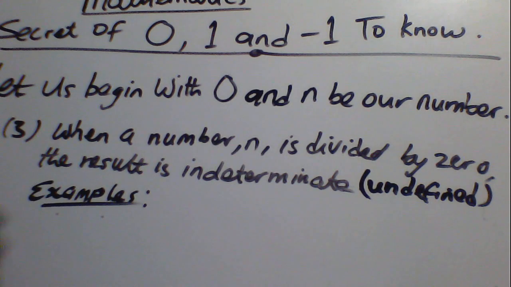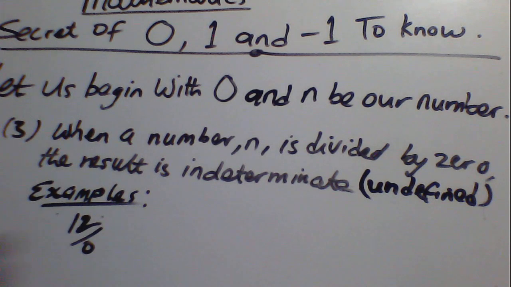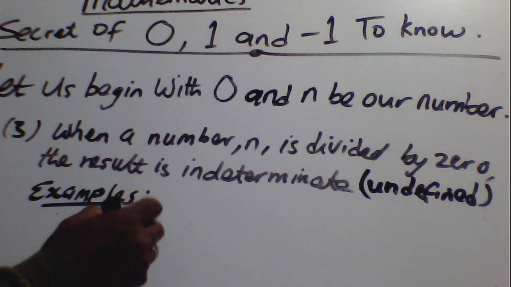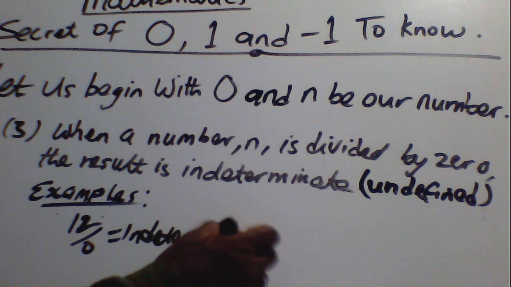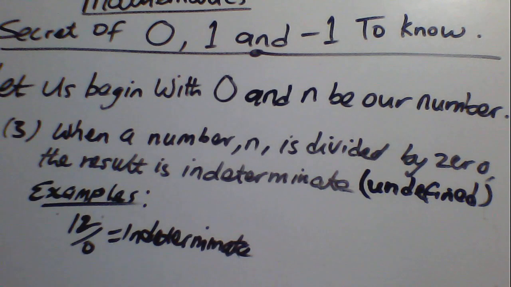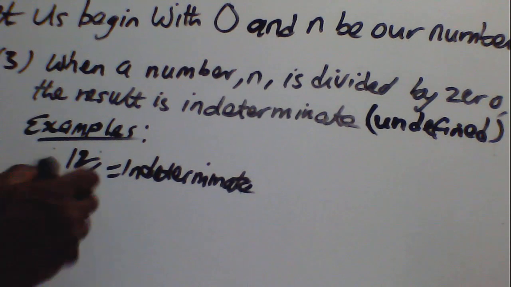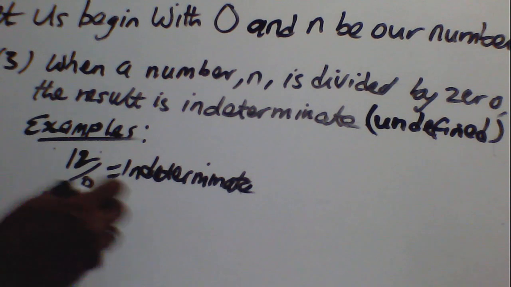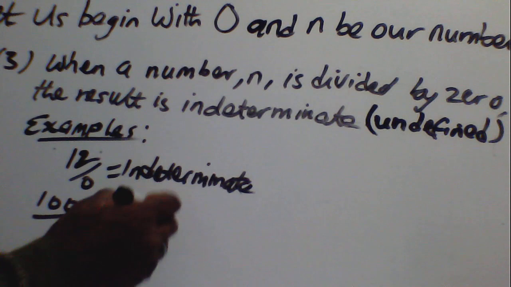The example we have is 12 divided by 0. We have an indeterminate result, which means it is undefined. The second example is dividing 1000 or 10,000 by 0. The result is what? Indeterminate.